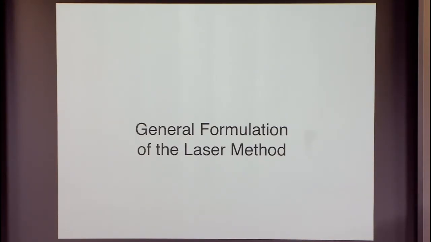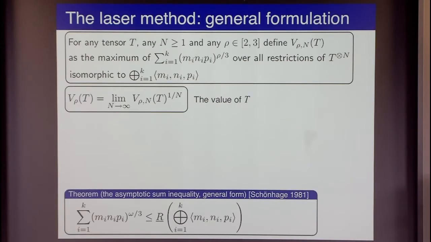Now I will give the general formulation of the laser method, and actually a reinterpretation in terms of entropy and some kind of penalty terms. To do this, we'll need the notion of value, the value of a tensor. It's exactly what Virginia explained yesterday morning.